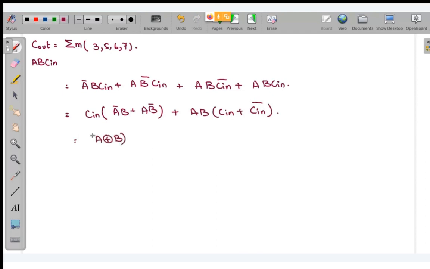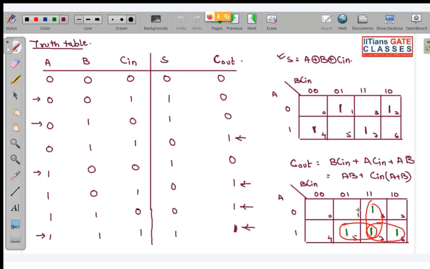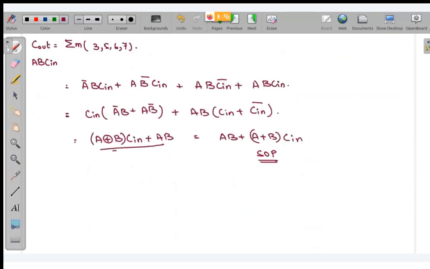(A XOR B) Cin plus AB. So this is actually equal to AB plus (A plus B) Cin, which we got using the SOP, using K-map, and this we got by minimizing this expression. So both of them are correct for Cout. This we got using K-map, and this one we got by minimizing the expressions.